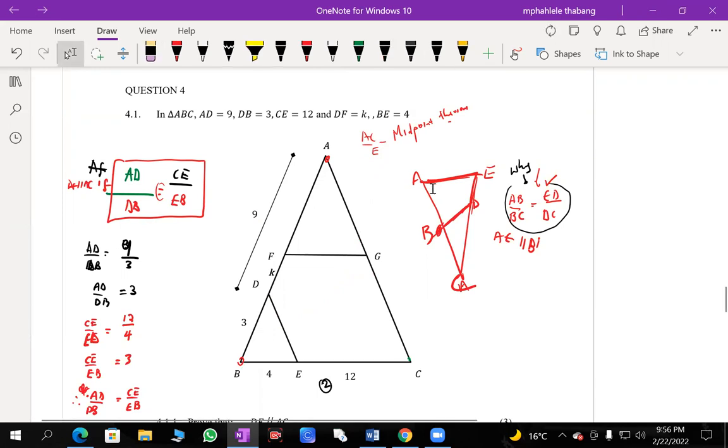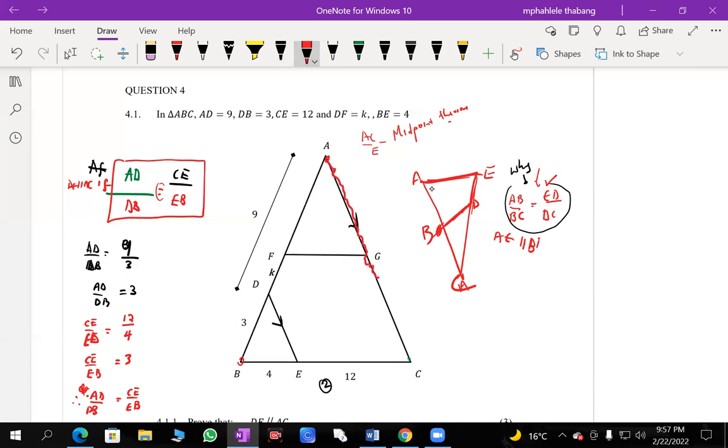DE, good. Is parallel to which side? It is parallel to AC.